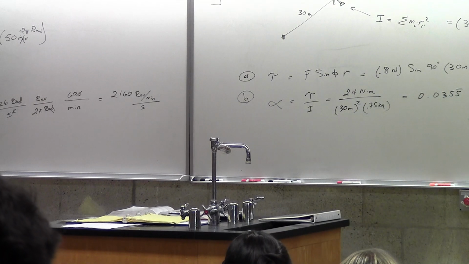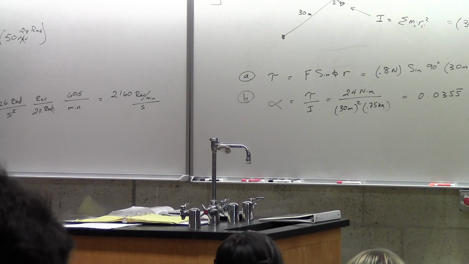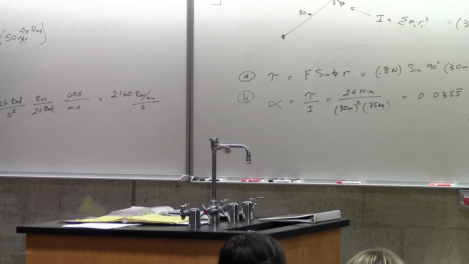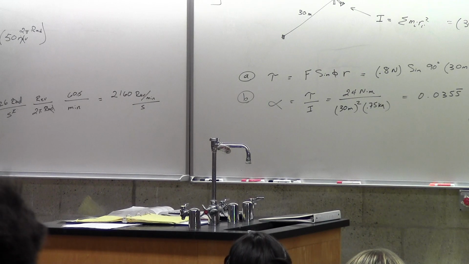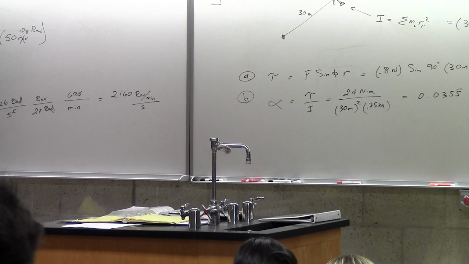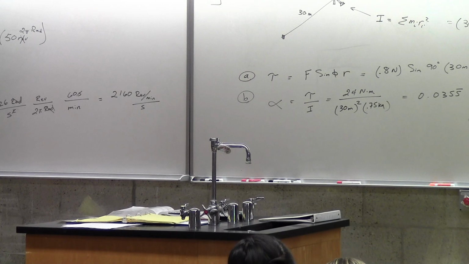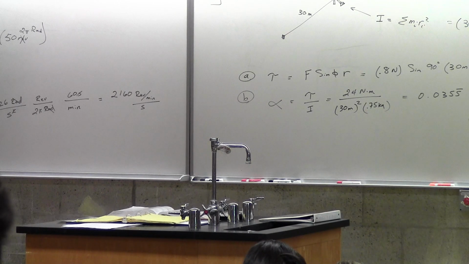So here is kind of this platform. It's got this spool, something like that. The cord comes off, goes around this pulley, and this is little m, not to be confused with capital M. Fair enough?